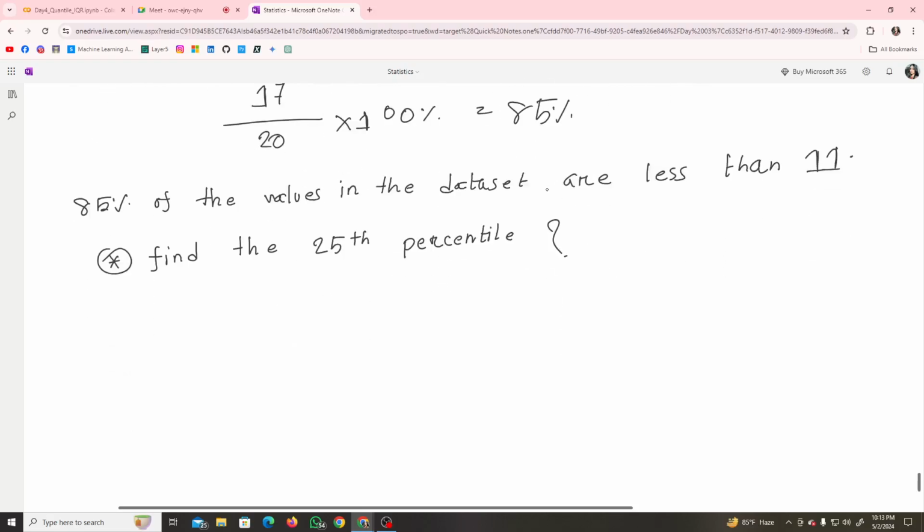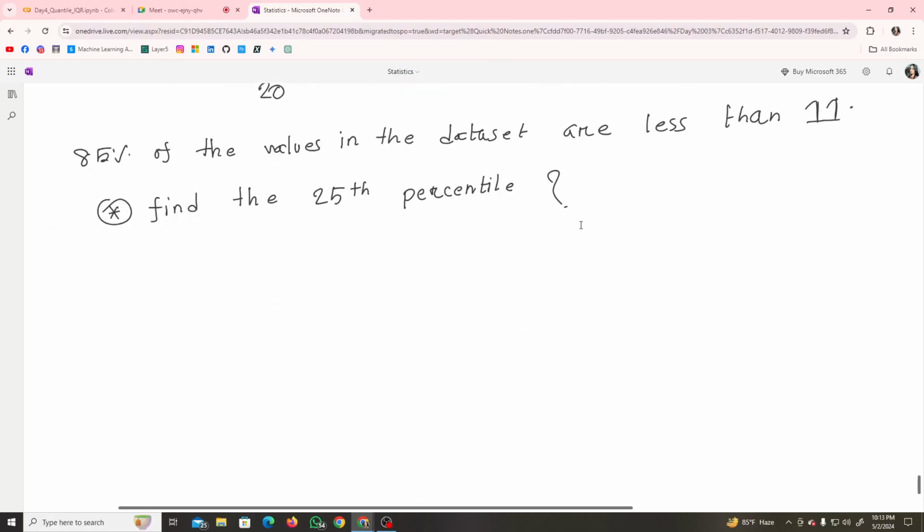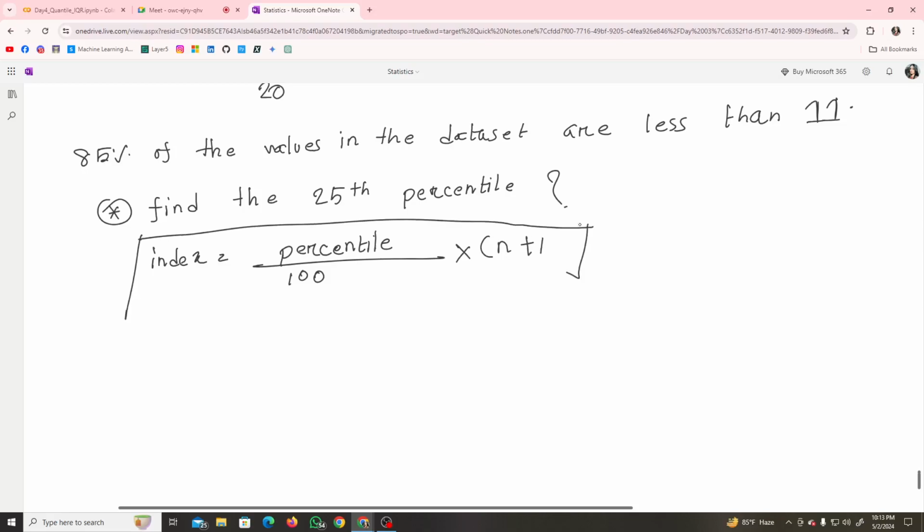Before finding that, we have to find the index of the value. So firstly, we have to find the index equal to percentile by 100 into n plus 1. This is the formula. In this case, n is 20, as I said, there are 20 numbers in the data set, and the percentile is given, which is 25.